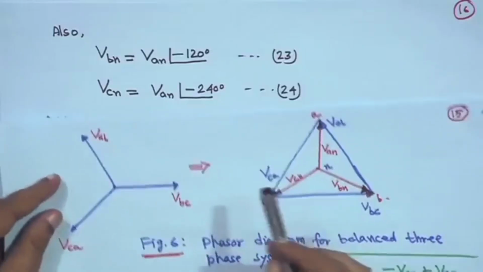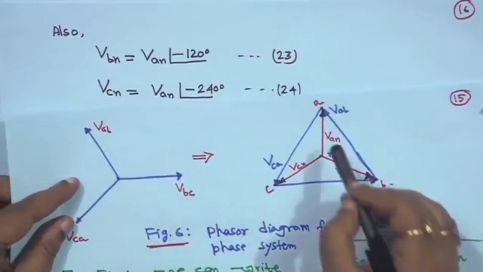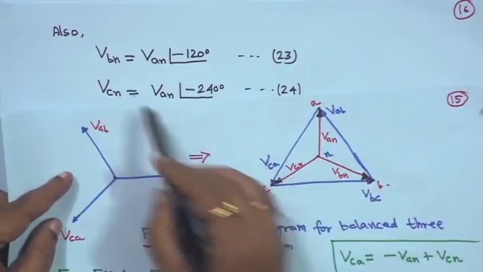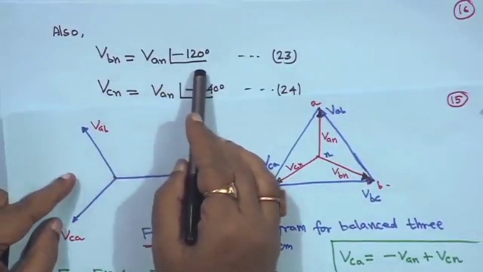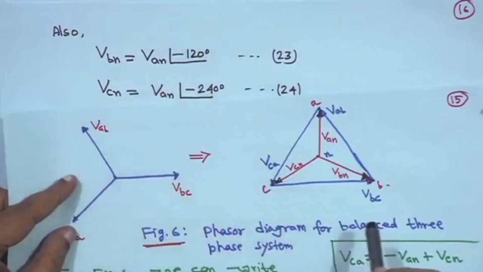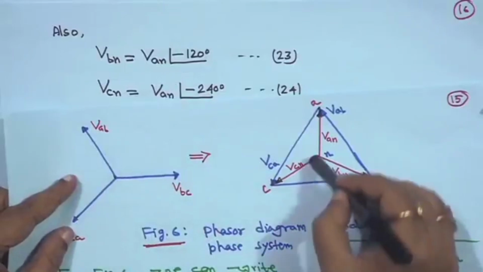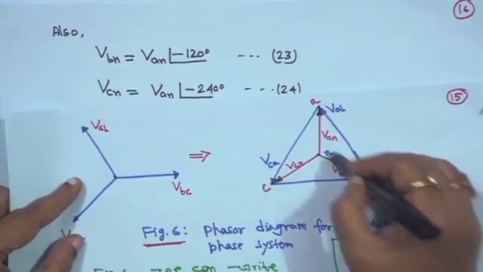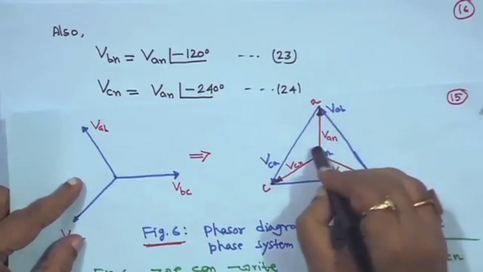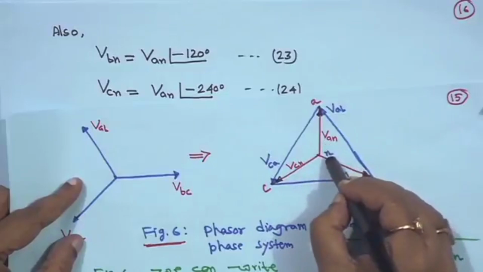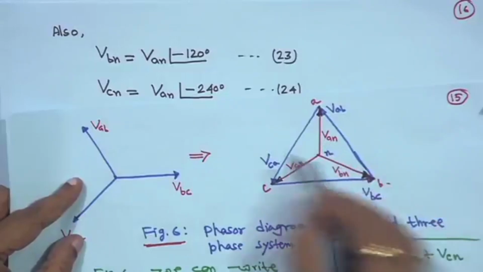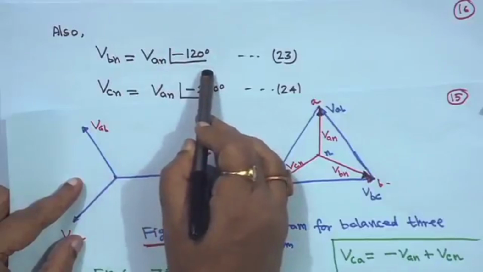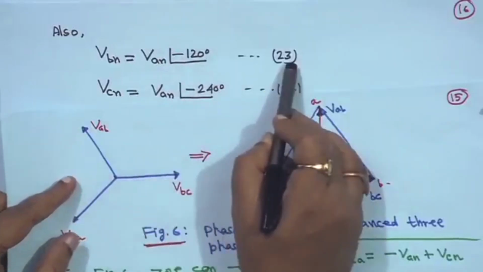Then from this phasor diagram, V_bn is equal to V_an angle minus 120 degrees. So, this is your V_an. V_bn is actually lagging V_an by 120 degrees, because this angle is 120 degrees. Therefore, V_bn is equal to V_an angle minus 120 degrees, we are writing this as 23, understandable.